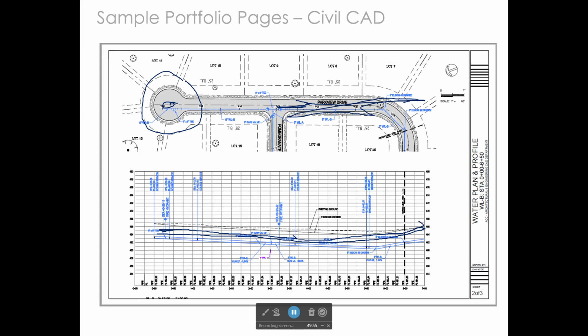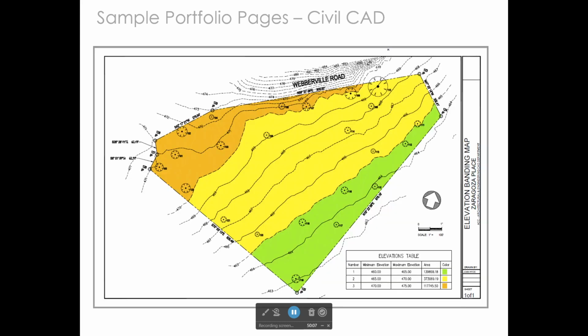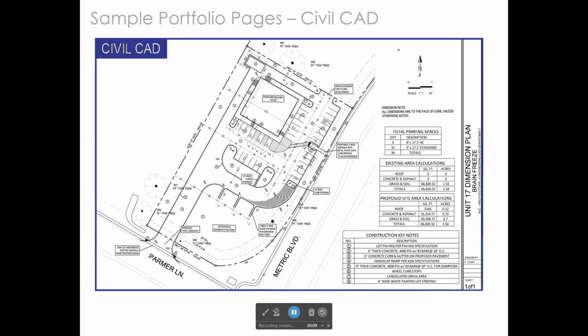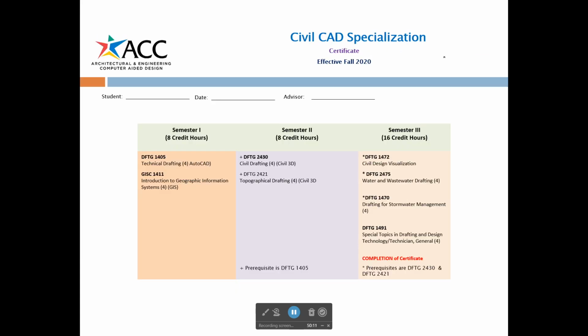There have been so many jobs in CivilCAD that there's been plenty of times when we just did not have enough students trained up to fill the number of CivilCAD jobs. And that's also been true sometimes in architecture and occasionally in mechanical and electrical too. But civil is a huge field for employment in the Austin area because it's growing so fast.